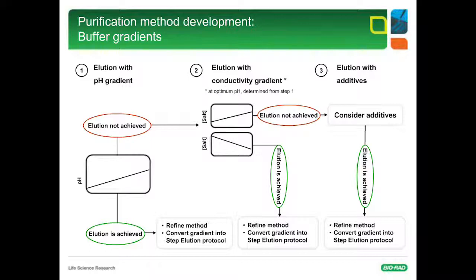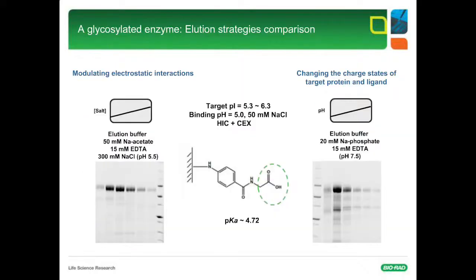So now I want to give you an example why we have to look into both the effect of pH and salt concentration. In this case, the target molecule is a glycosylated enzyme with a pI at around 5. And we found that this enzyme can be bound effectively at pH 5 with low concentration of sodium chloride.